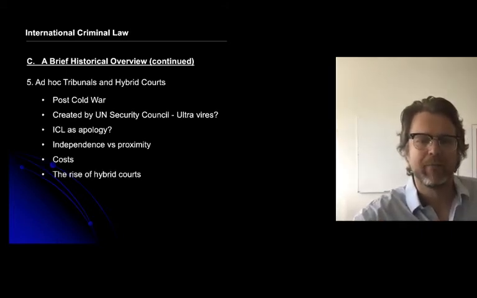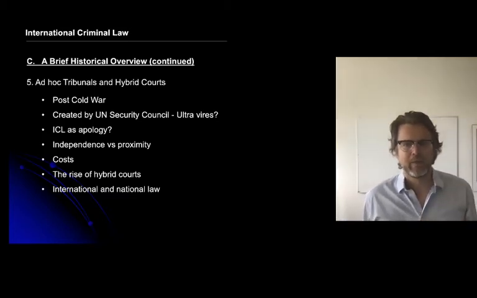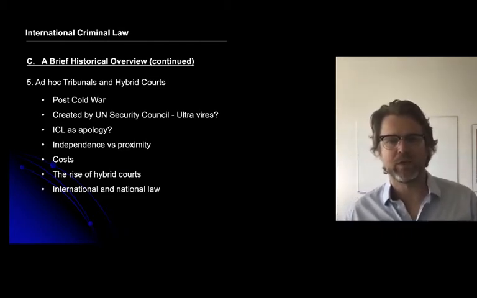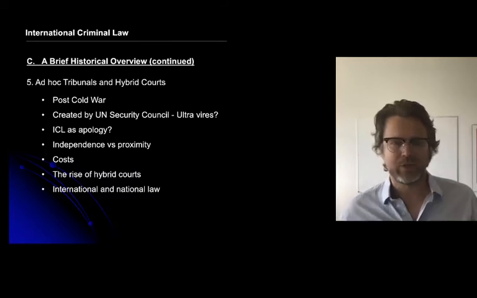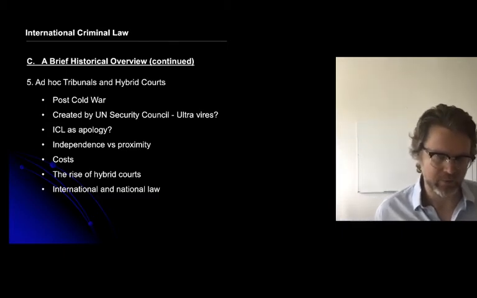And that meant that it had a degree of political power that it could exercise through the UN Security Council that pretty much let it do whatever it wanted through that vehicle.